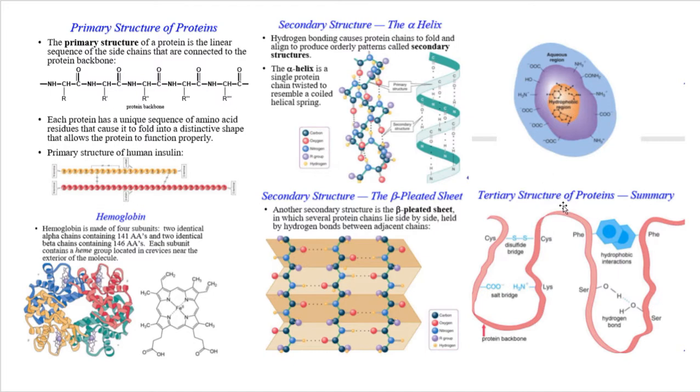The tertiary structure depends on different kinds of bonds, not only hydrogen bonds as we have seen in the secondary one, but also hydrophobic interactions, salt bridges, and disulfide bridges. And the quaternary one is when you have several tertiary structures joined together to make a globular structure like this one. Hemoglobin is an example of this.